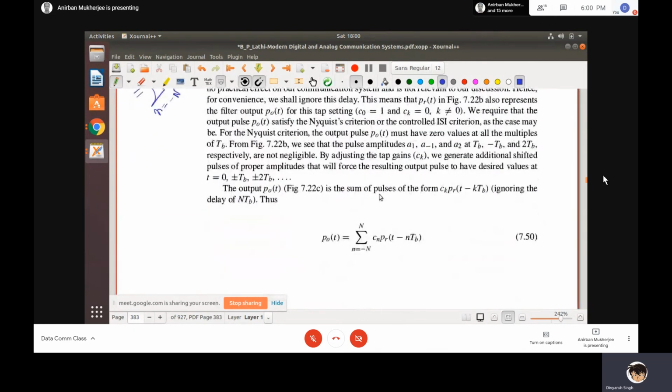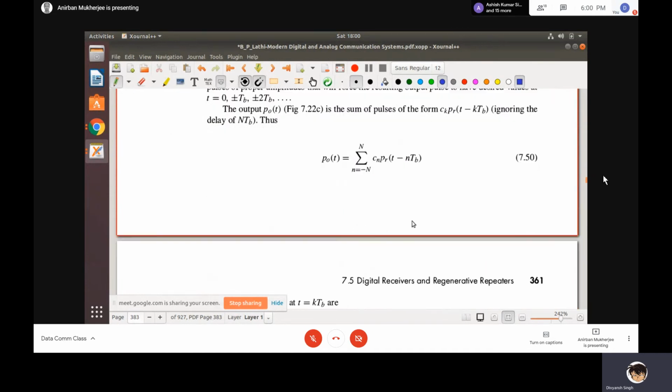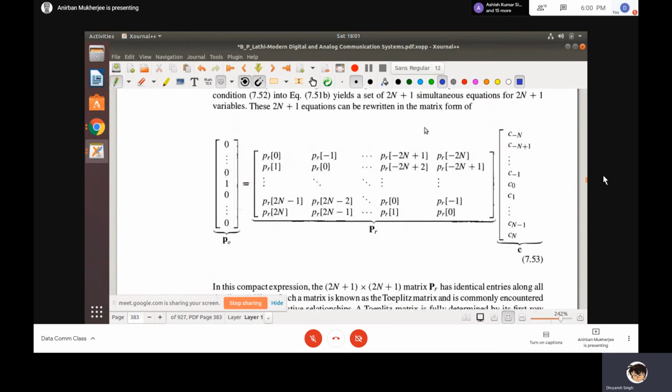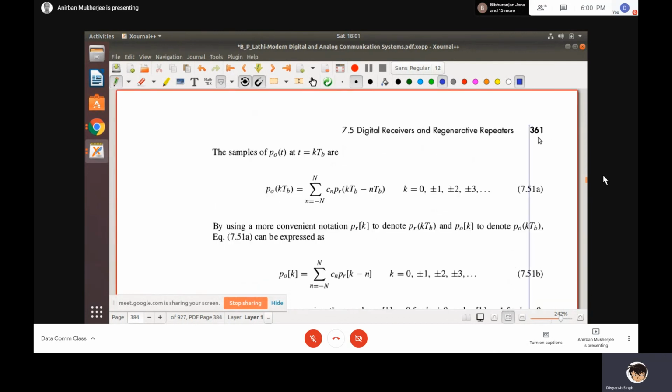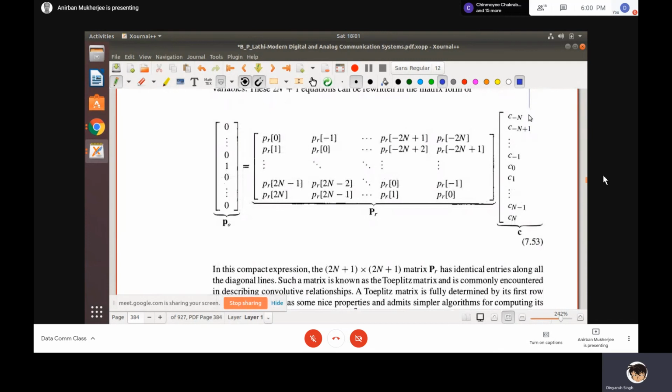If Cn is my unknown, and I am putting this PRT minus NTB here. PR0, PR minus 1 in this form, and this is my C. Okay, then you see that this is known.